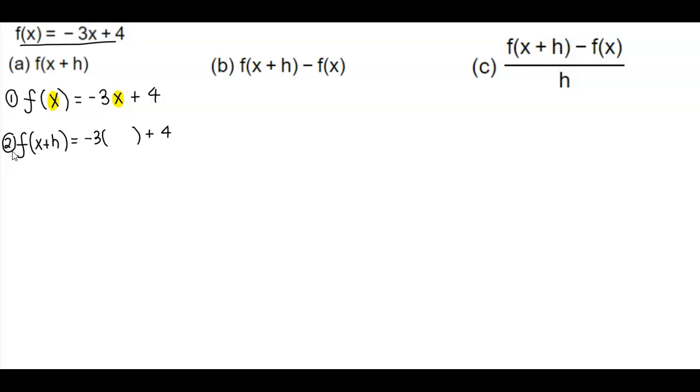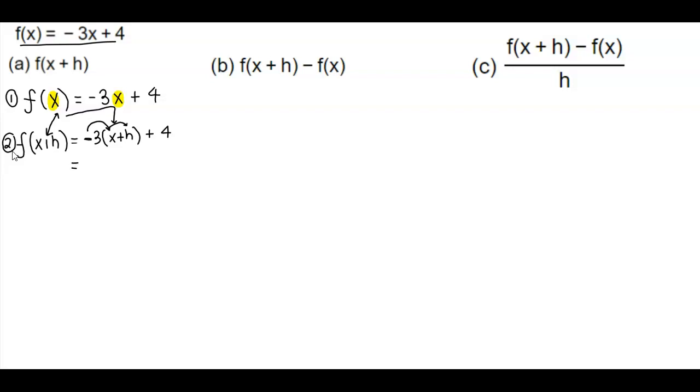So you can see here that this x plus h now needs to be substituted in for x. So we have negative 3 times x plus h plus 4. And so now we're going to distribute the negative 3 to both of those two terms.